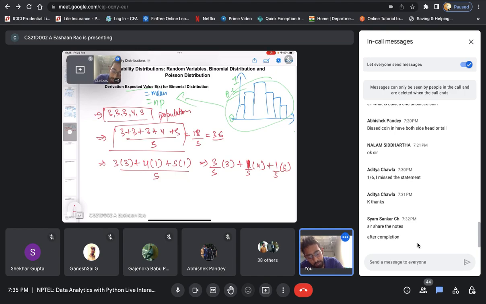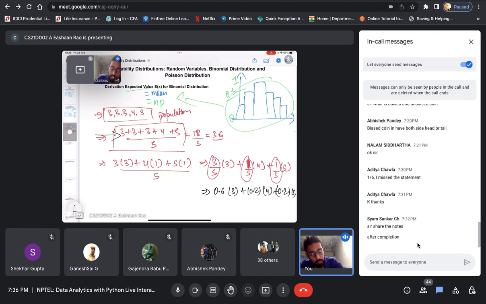So if I find the value of 3 by 5, 1 by 5 and 1 by 5, I will get 0.6 into 3 plus 0.2 into 4 and 0.2 into 5. So I started with this normal typical mean where I'm just adding the numbers and dividing by 5.